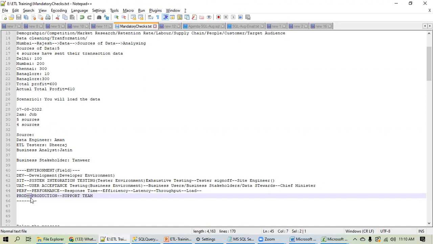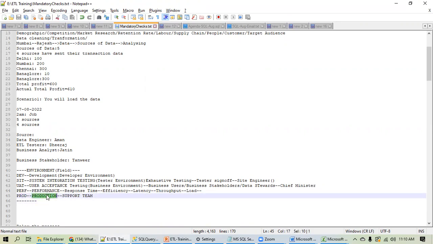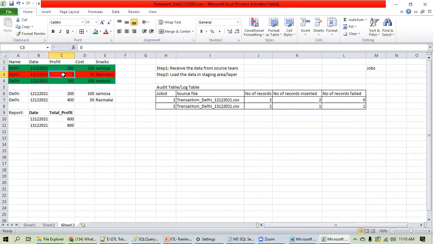Yeah, see, that is the reason I mentioned in the last class as well. In the production environment, the development team doesn't have any access. In production, only the support team has access. Because if something goes wrong in the report, or there is some issue in the coding, take this example: here this was zero or null, and we were showing profit as 200.